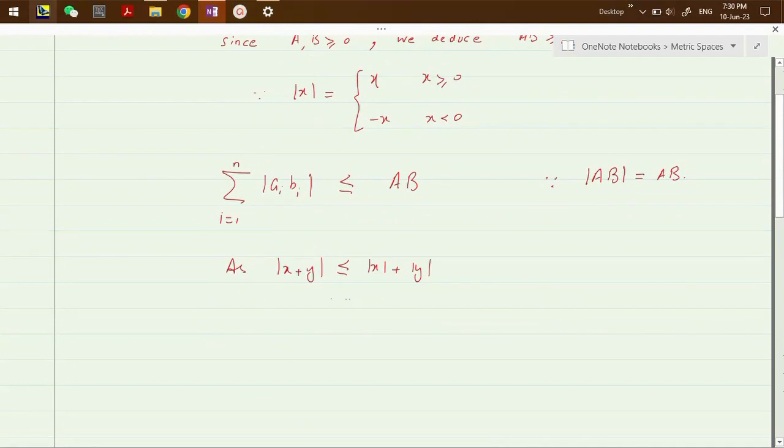So by using this inequality, we have summation i from 1 to n ai bi less than or equal to summation i from 1 to n mod of ai bi, because we apply this inequality mod of x plus y is less than or equal to mod of x plus mod of y.